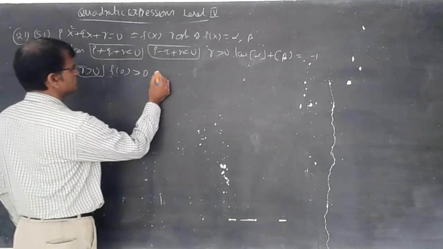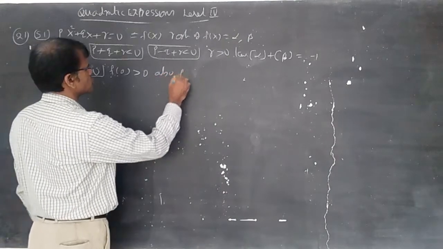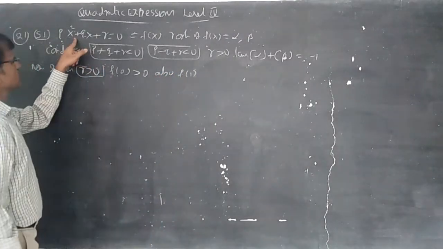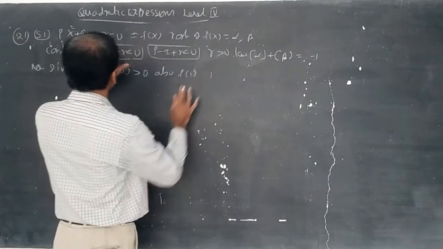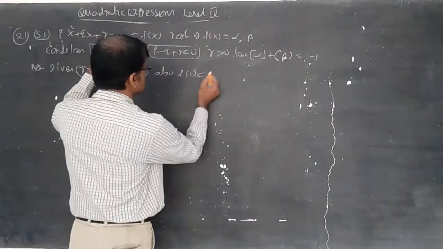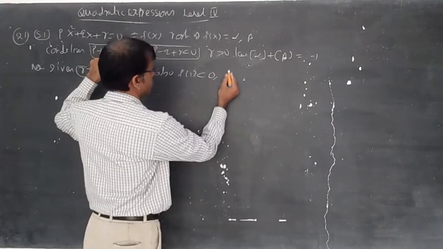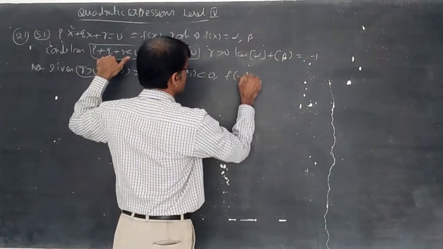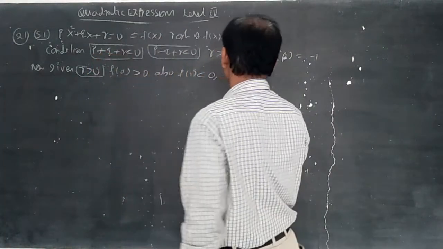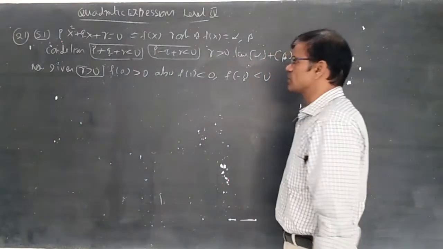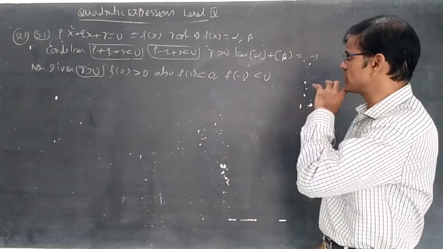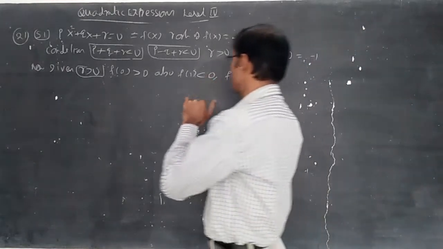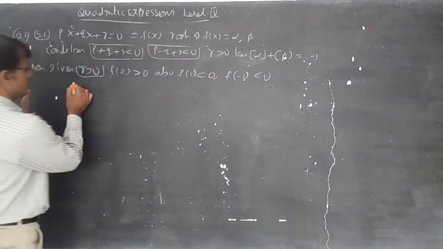Also, because p plus q plus r less than 0, you can write directly f of 1 less than 0. Also f of minus 1 you can substitute, f of minus 1 also less than 0. So f of 0 greater than 0, and f of minus 1 less than 0, and f of 1 also less than 0.